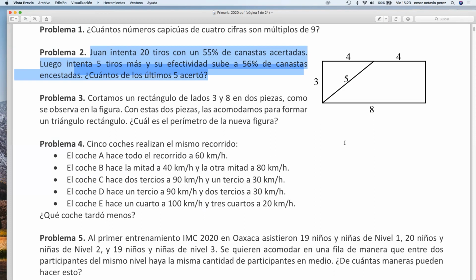I think that the answer is not a whole number. I think that this problem has an error.